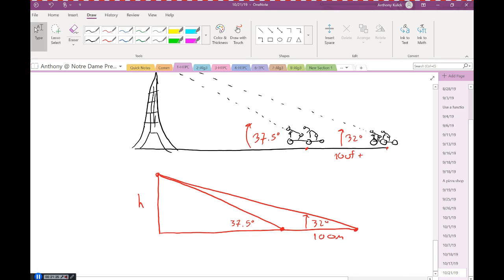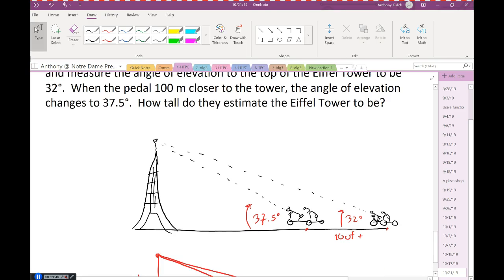So we're looking for the height of the Eiffel Tower, and I'm going to call this other piece here X. What I'm going to do with this triangle is set up a system of equations to solve, because at first glance we don't really have enough information.